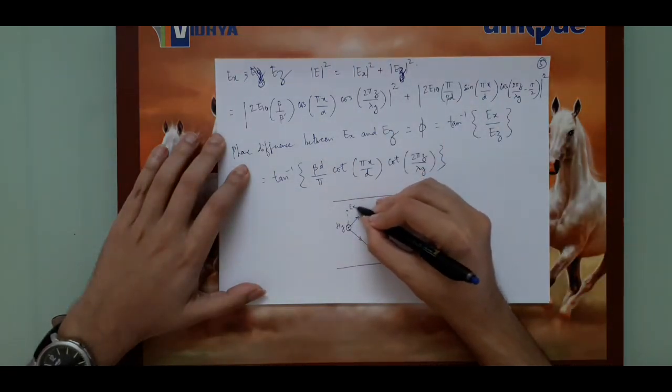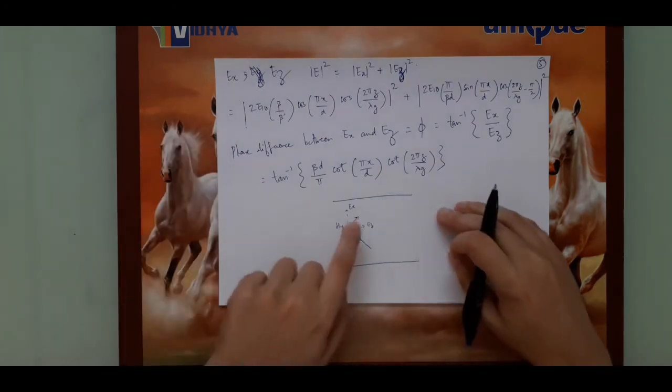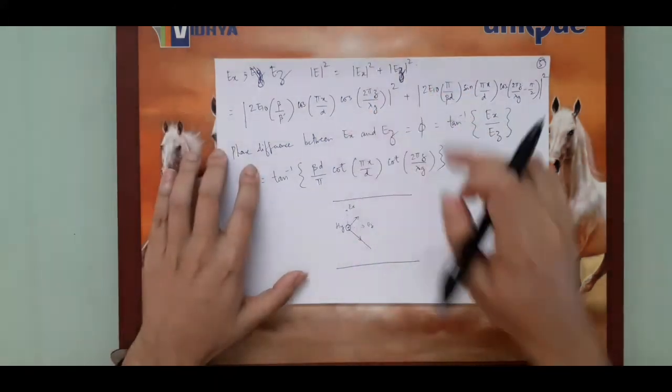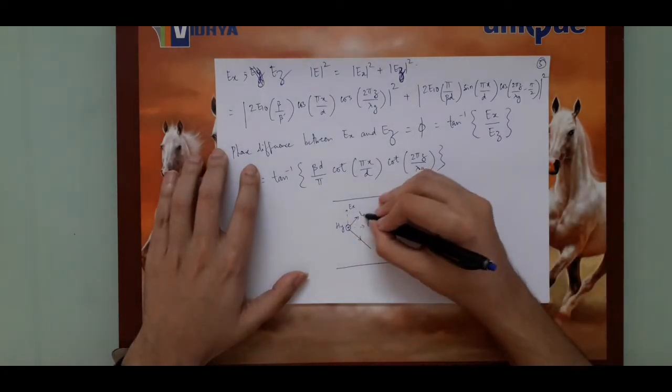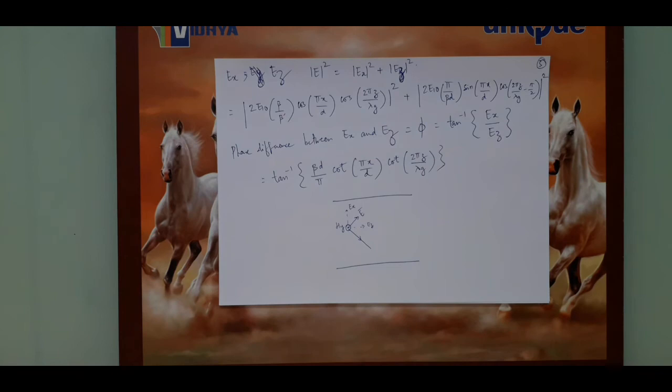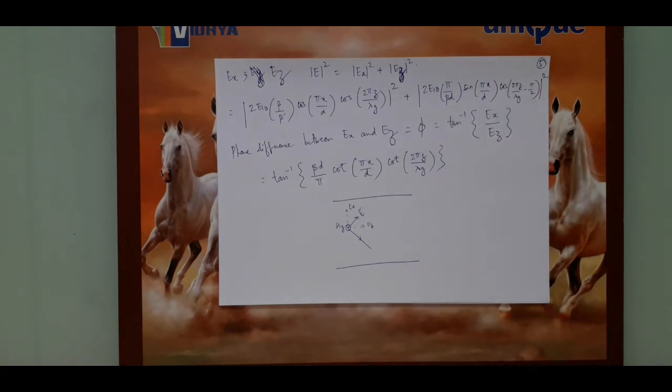This is Ex and this is Ez. Therefore the resultant vector, which is a combination of both Ex and Ez, will have some kind of an oblique arrangement.